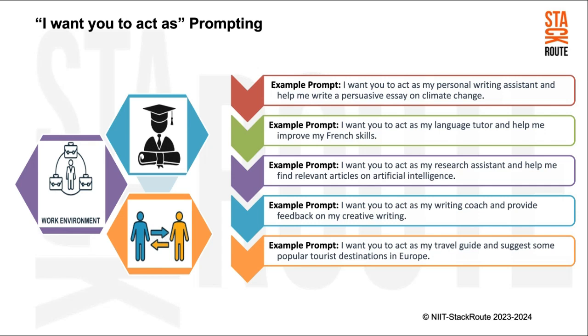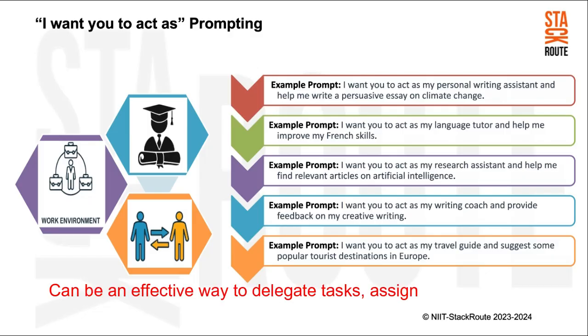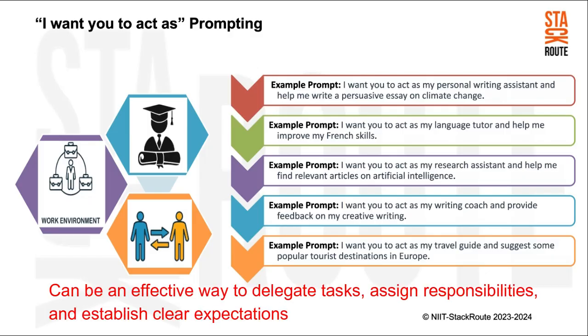For example, I want you to act as my representative in this meeting, or I want you to act as the project manager for this task. It is intended to provide clear guidance and direction to ChatGPT so that it understands the required role and responsibilities.